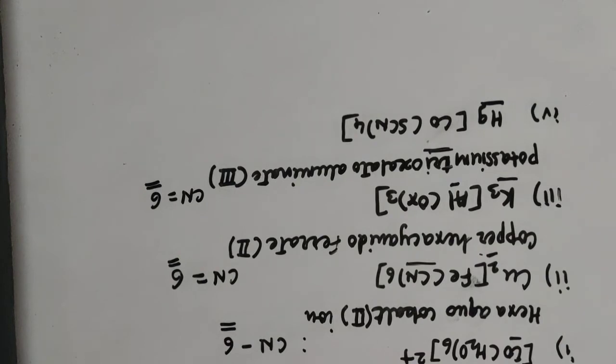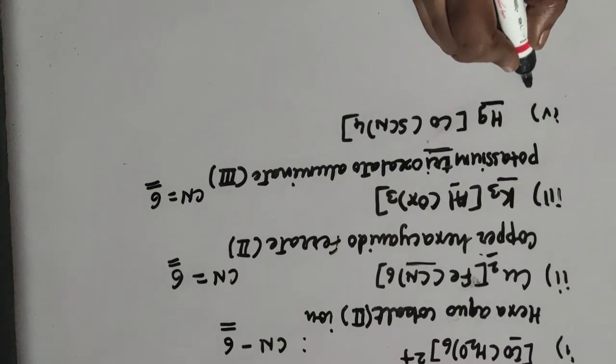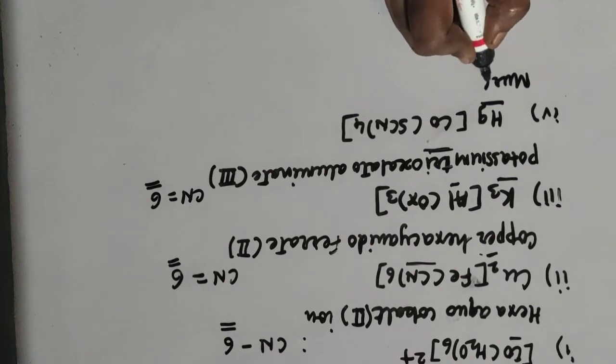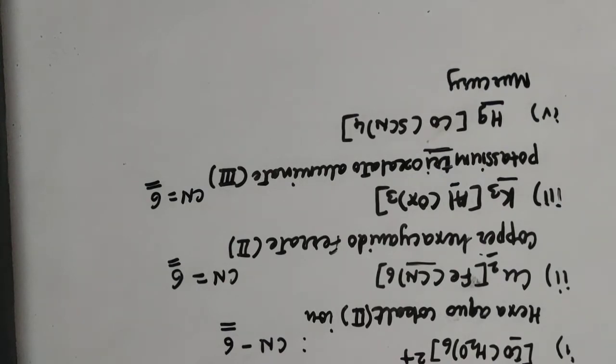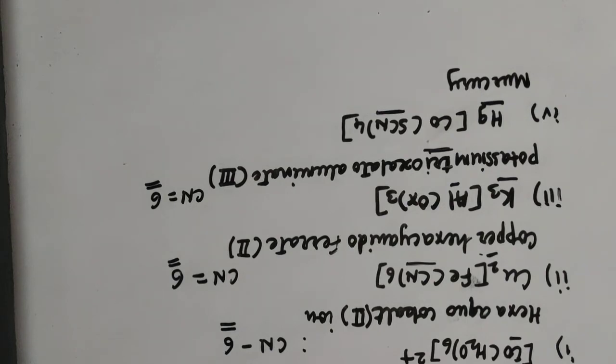So in this case, first you write the name mercury, then you go for the name of the ligand. SCN is thiocyanate.